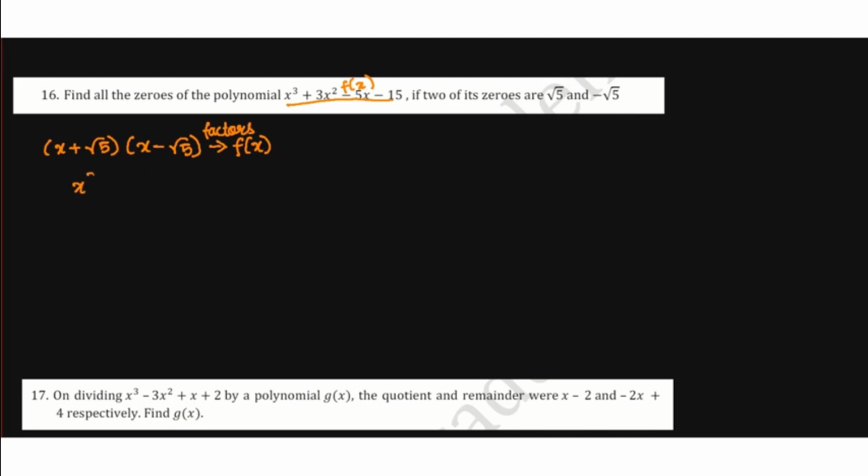So obviously x square minus 5 is also a factor of f of x. So we are going to divide f of x by x square minus 5. So x cube plus 3x square minus 5x minus 15.